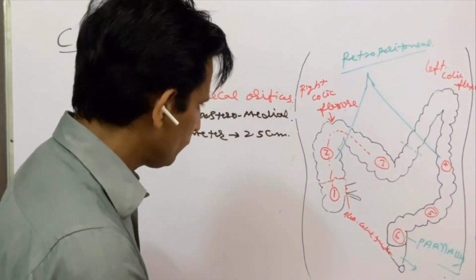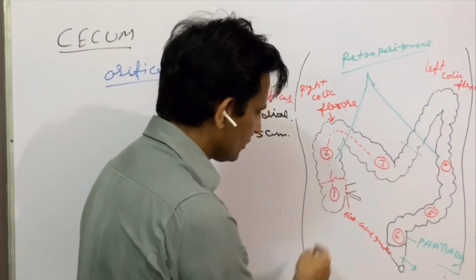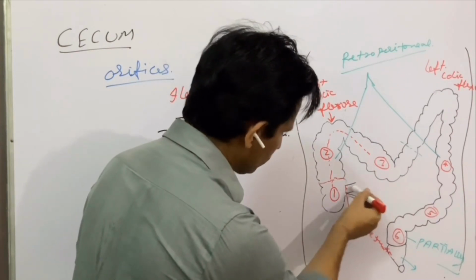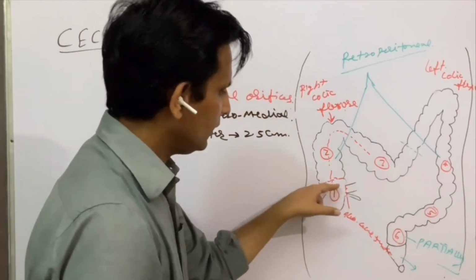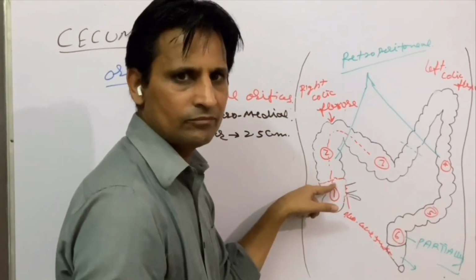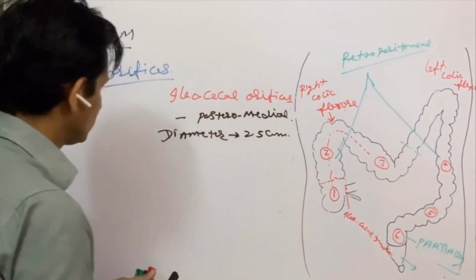If you cut the section, this extension of the ileum goes inside the cecum. It would be like this.